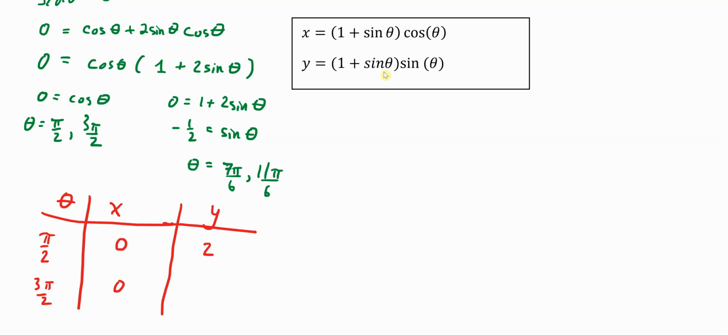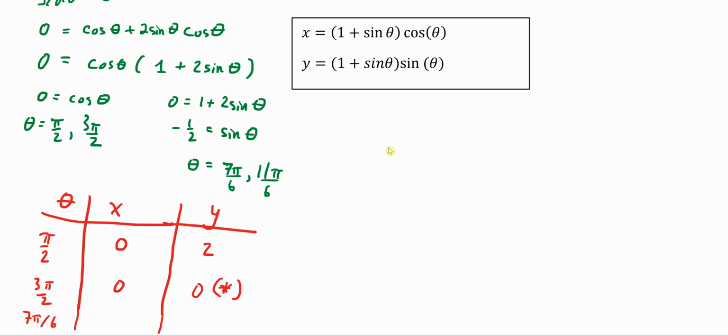Sine of 3 pi over 2 is going to be -1. So adding it to 1, that's going to give me 0. So 0, 0. Now I'm going to put an asterisk on this because we're going to return to this. This is kind of a tricky thing. We're going to deal with it towards the end here. So I promise I'm going to go back. Okay. Let's do another one. How about at 7 pi over 6?